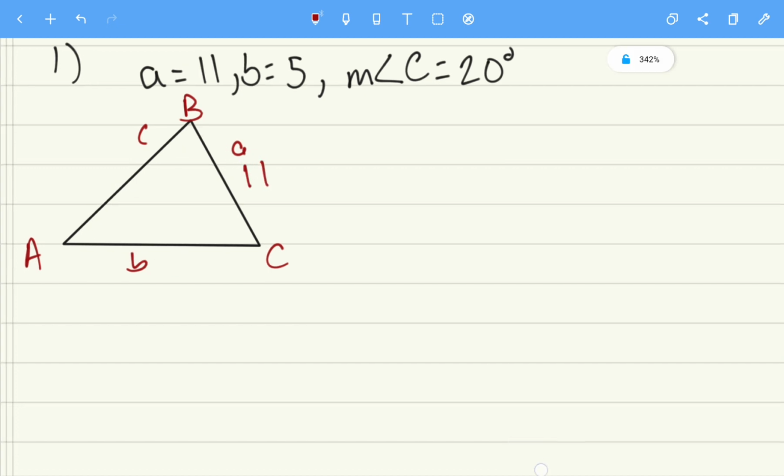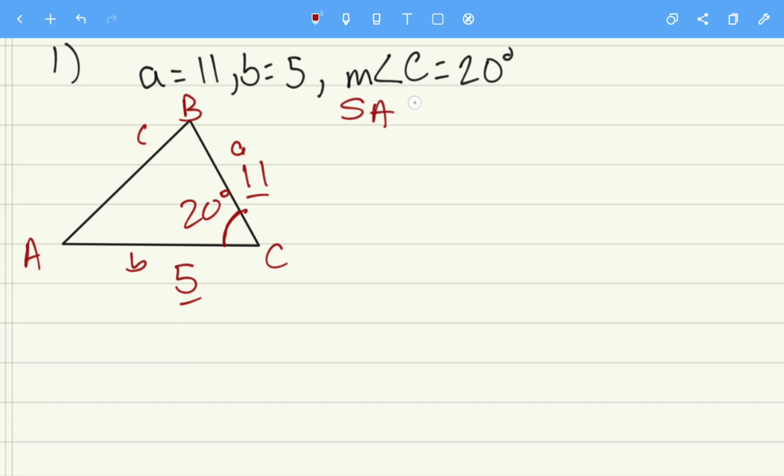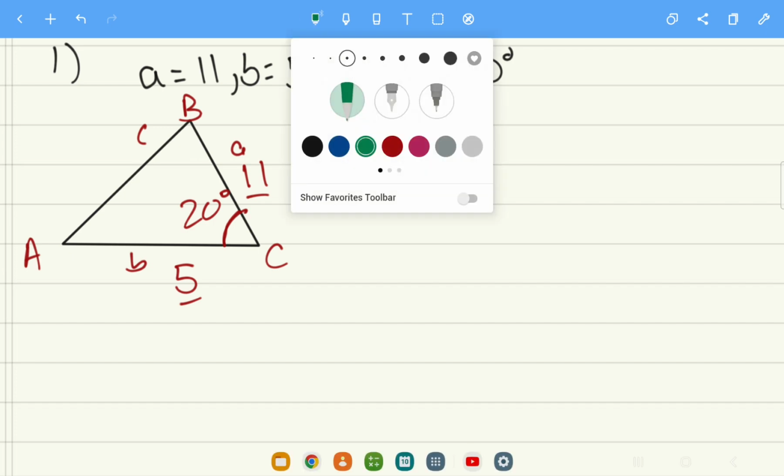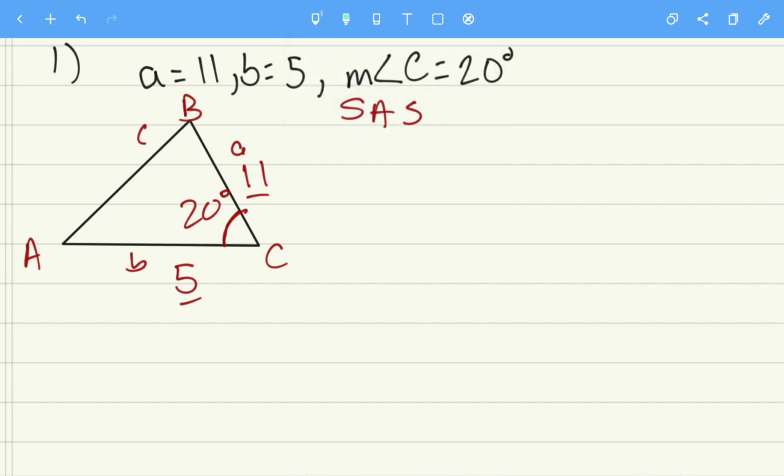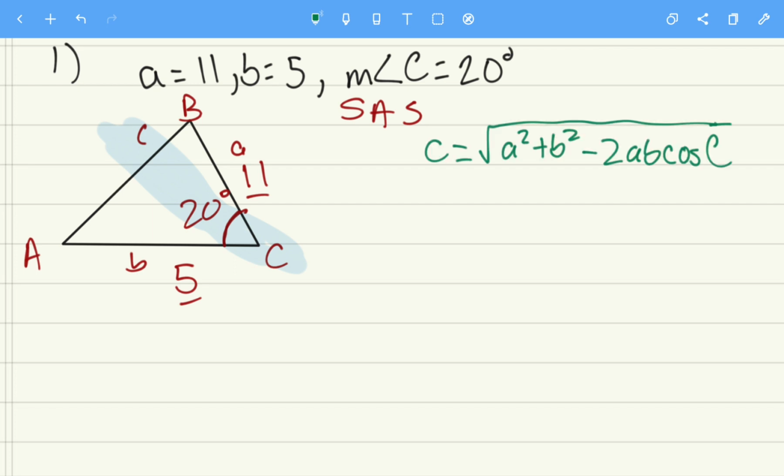Notice the angle is between our sides, so we have side angle side. To start, we need to find the corresponding side to our angle, in this case side c.